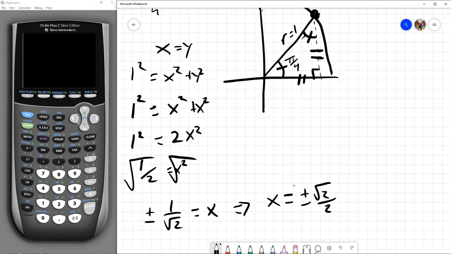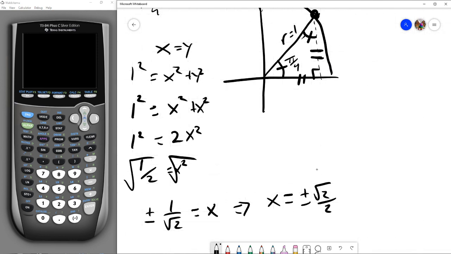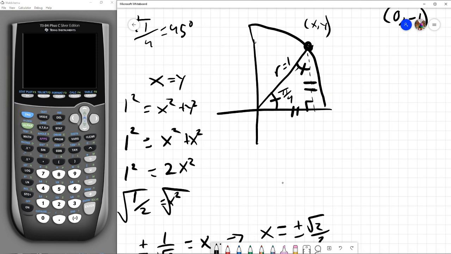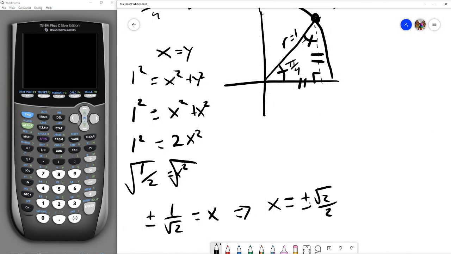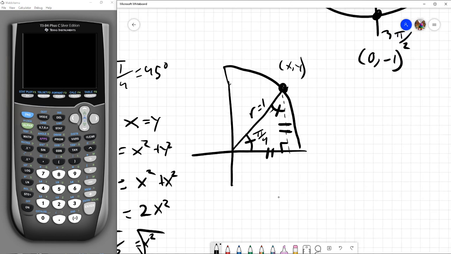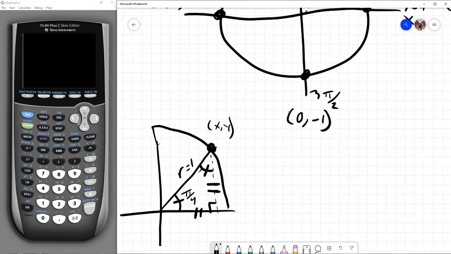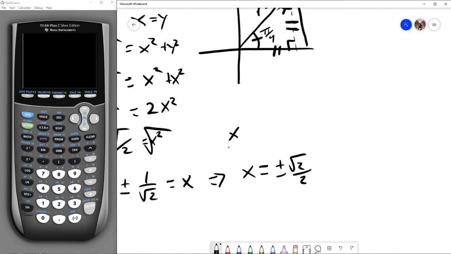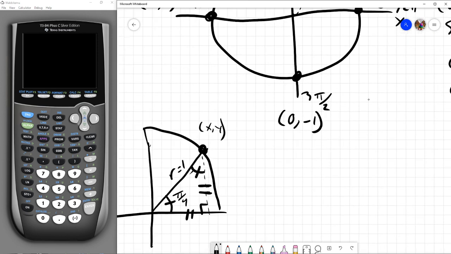Alright, so if x is equal to plus or minus square root 2 over 2, we have to remember that we're in quadrant 1, which means both x and y have to be positive. So that tells us that x is equal to y, and that's equal to square root 2 over 2.